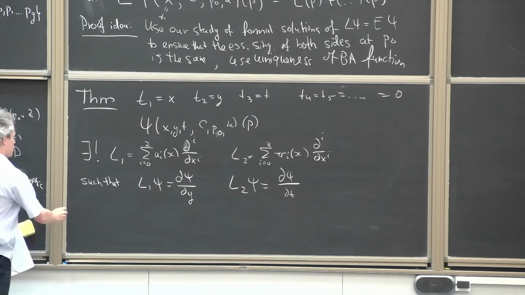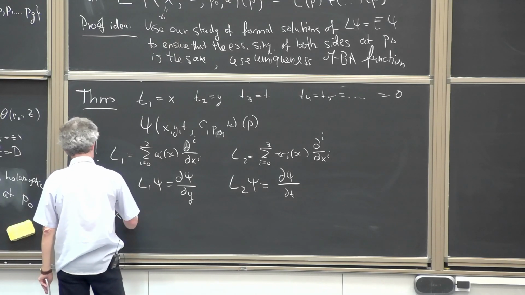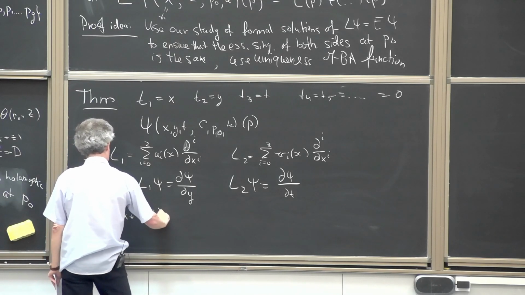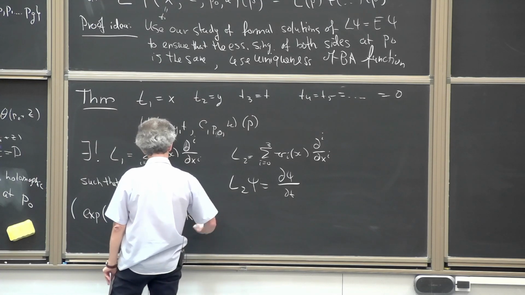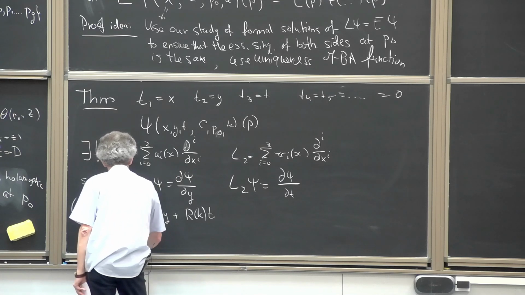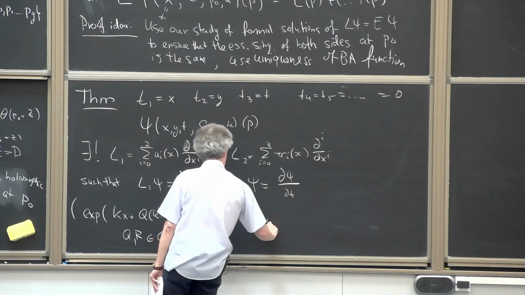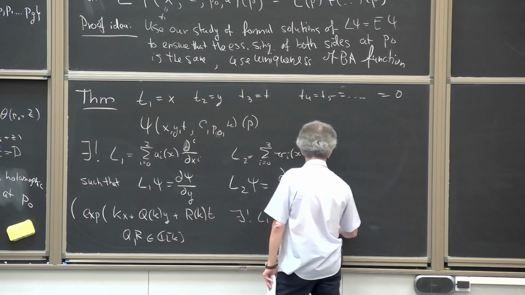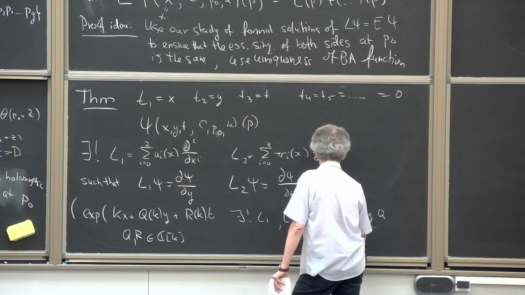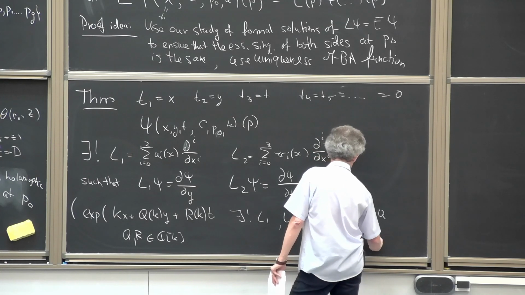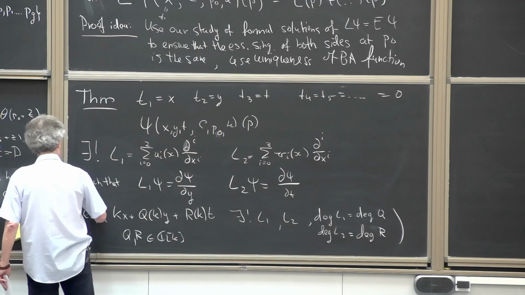So in fact, if I want my exponential part to look like the exponent of kx plus q of k y plus r of k t, where q and r are polynomials in k, there exist unique L1 and L2, and the degree of L1 is the degree of q, and the degree of L2 is equal to the degree of r. Okay? Generalization.